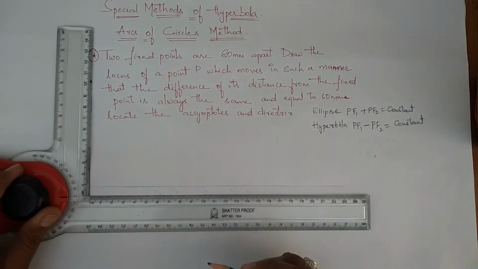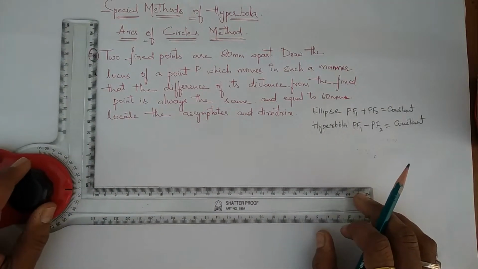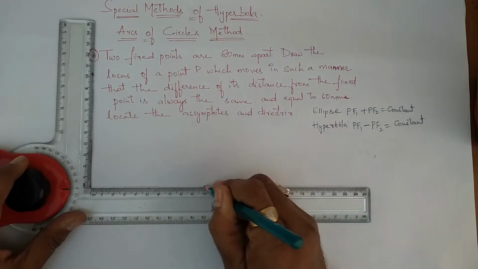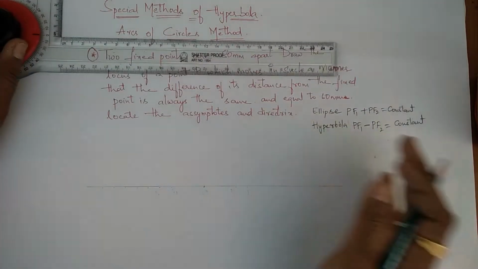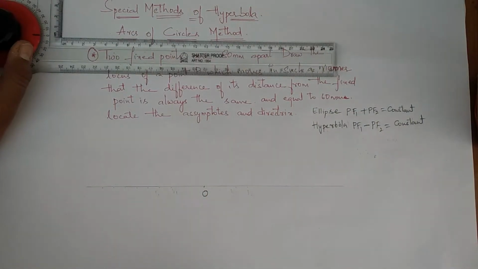Then mark the midpoint on this horizontal line, and mark the point as O.